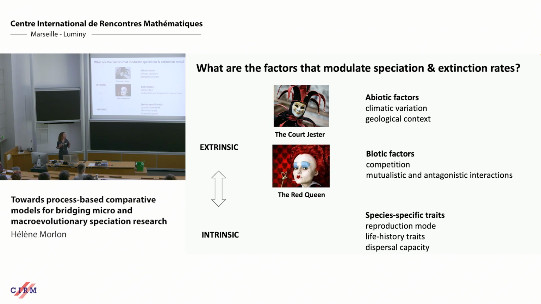If we think about, in particular, traits like dispersal capacity, they are really likely to modify speciation rates, for example, with more opportunities for population structure when we have intermediate dispersal capacities and so on. So there are all these different factors, and we have diversification models with rates that can vary as a function of past environmental variables.